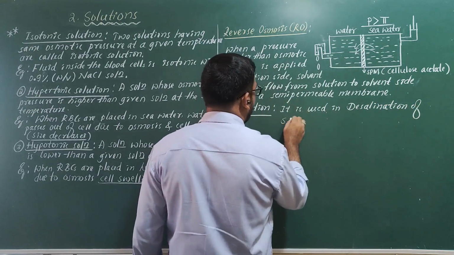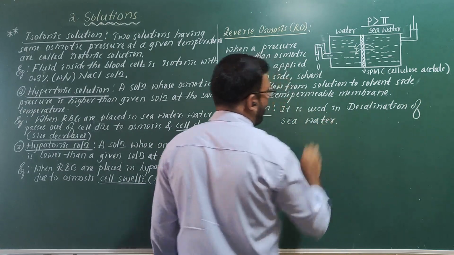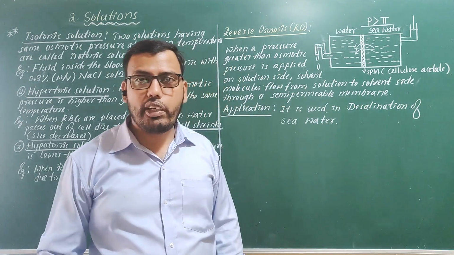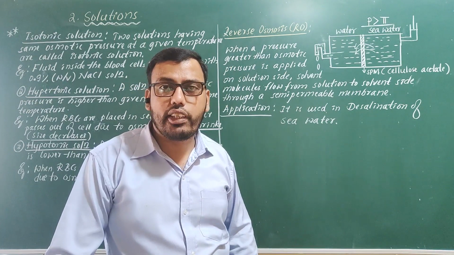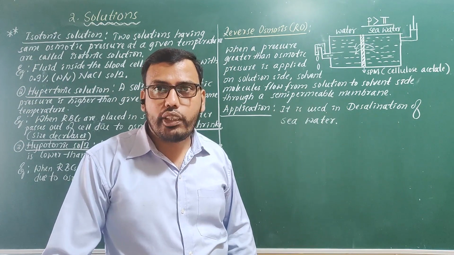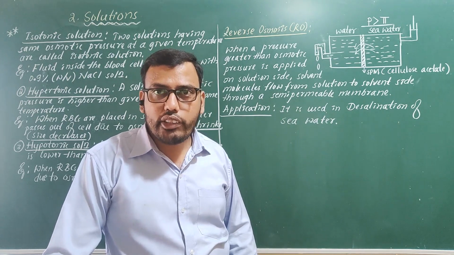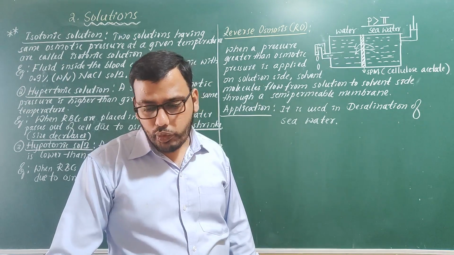It is used in desalination of sea water. Desalination of sea water means we can remove the salt particles present in sea water. So sea water can be converted into fresh water by using the technique of reverse osmosis.